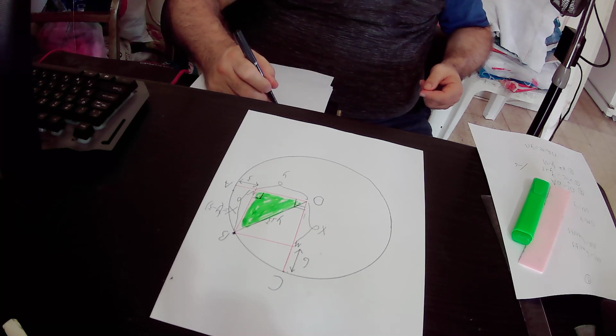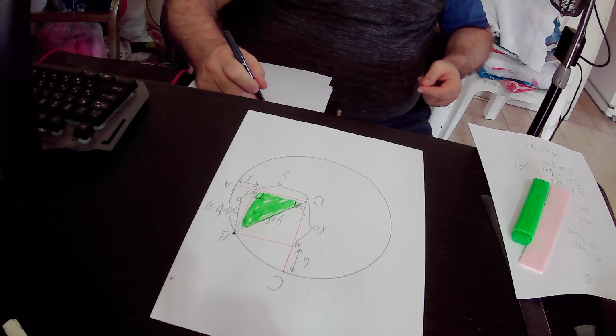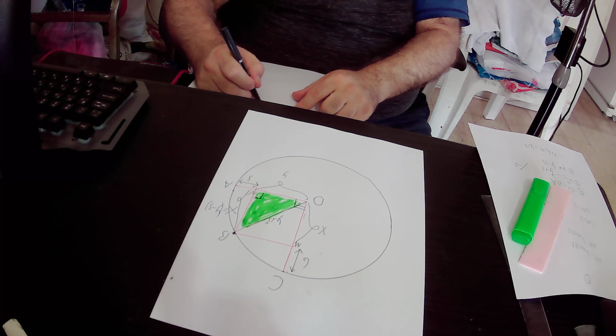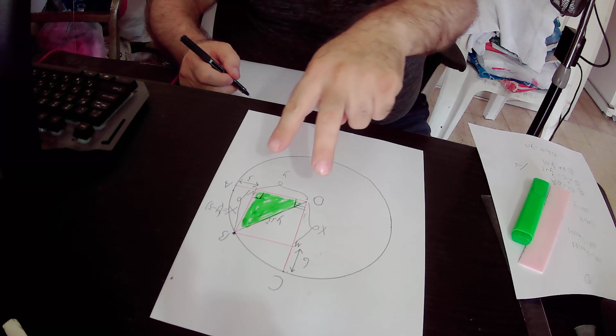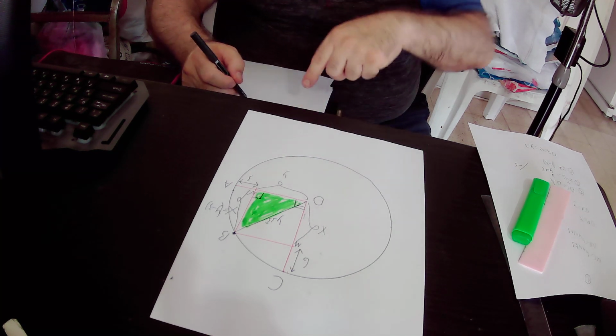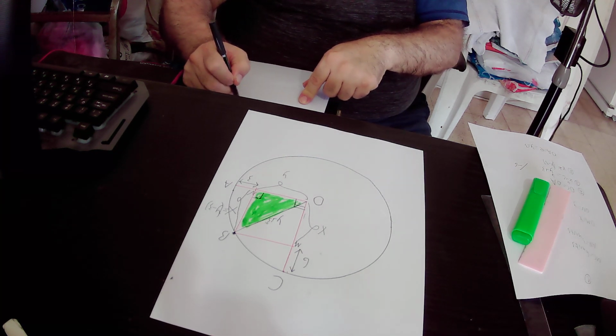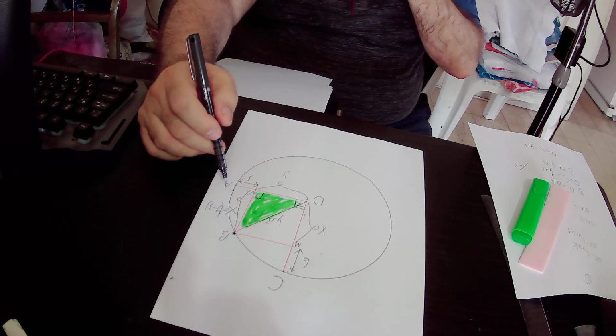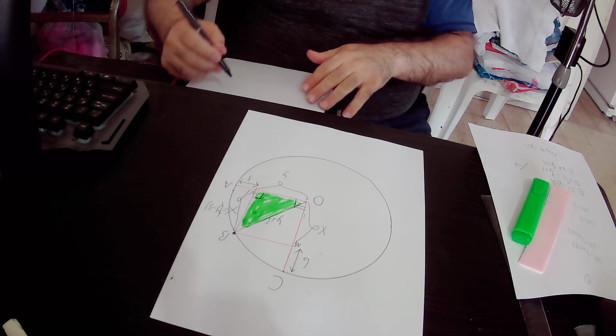So we get that OB square, y plus 3 square, equals ON square, which is y square, plus BN square, which is y minus 3 square.